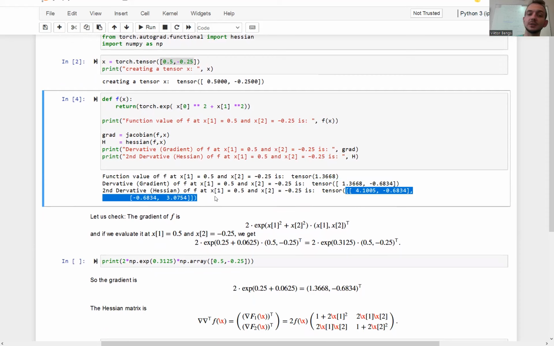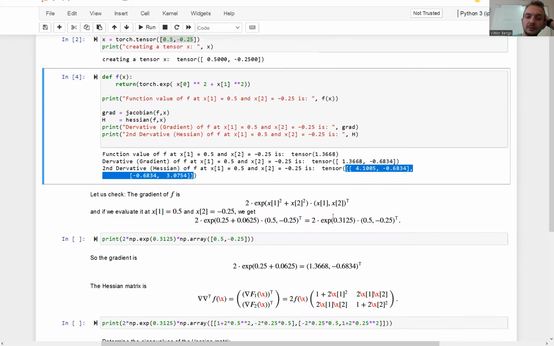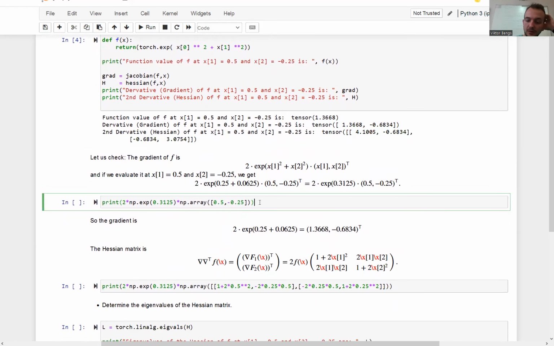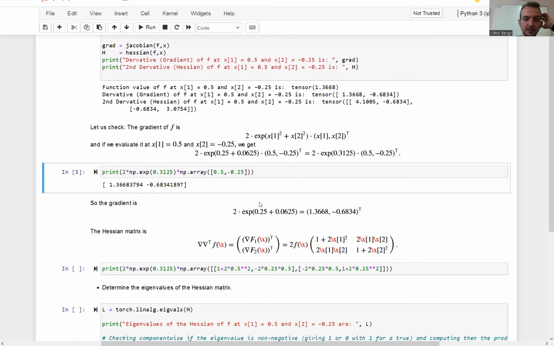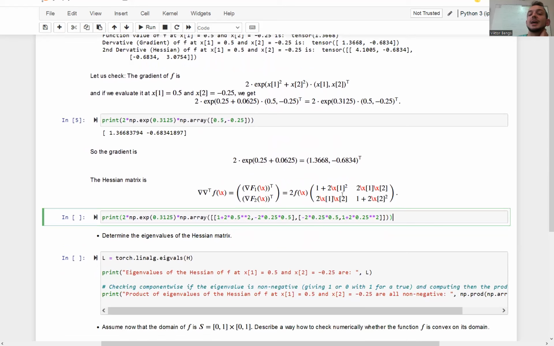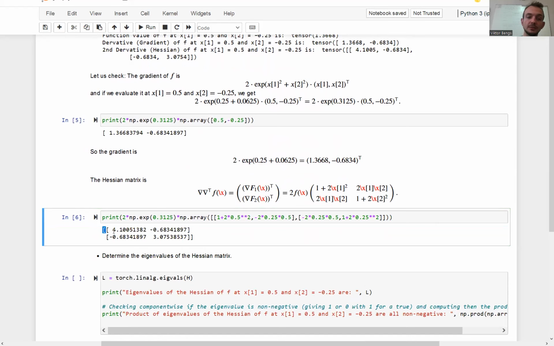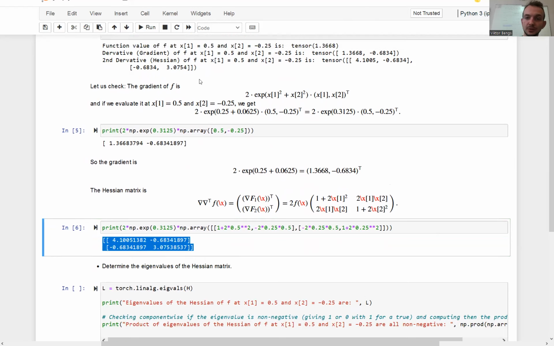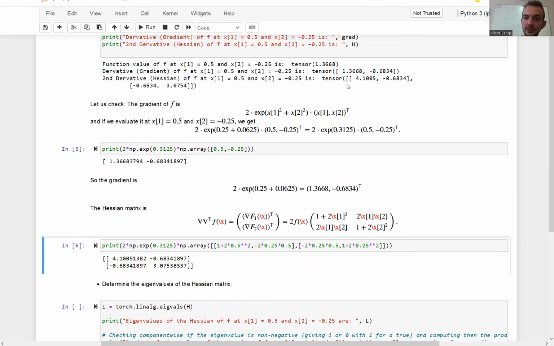You see also this two-dimensional array structure. And we can verify this. We are skeptical people. We can verify this because we have computed the Hessian matrix on the previous exercise sheet explicitly. We can plug in the values, and if we do this, we end up with exactly the same values we see here.